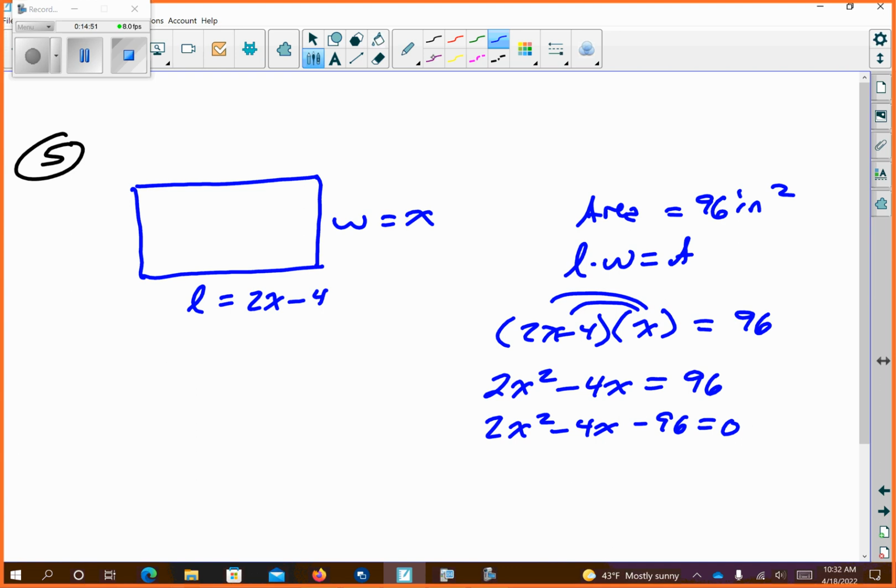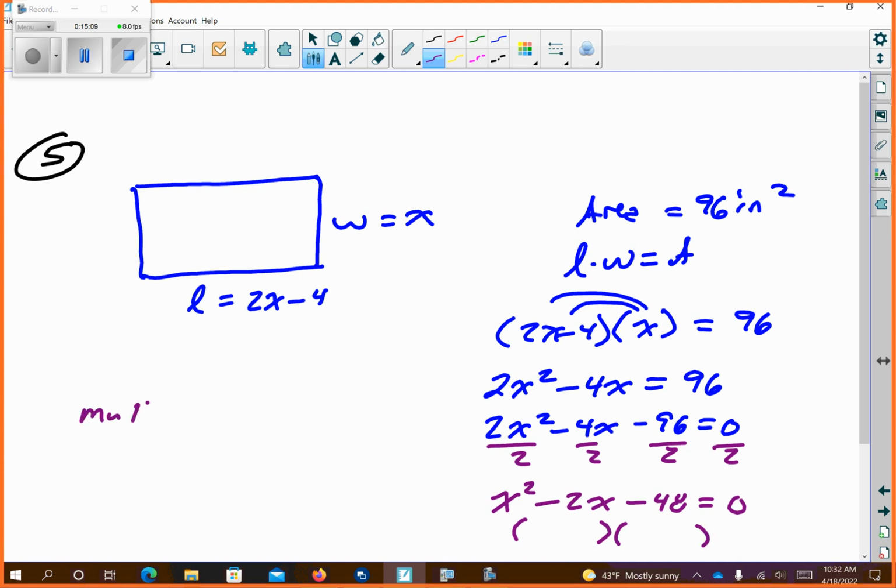All right, so I'm going to divide everything by 2 here. So that gives me x squared minus 2x minus 48 equals 0. So now we're looking for two numbers that multiply to give me negative 48, and that add to give me negative 2.